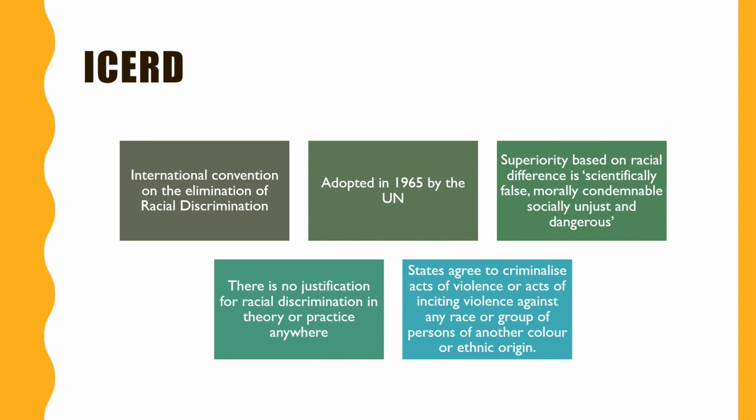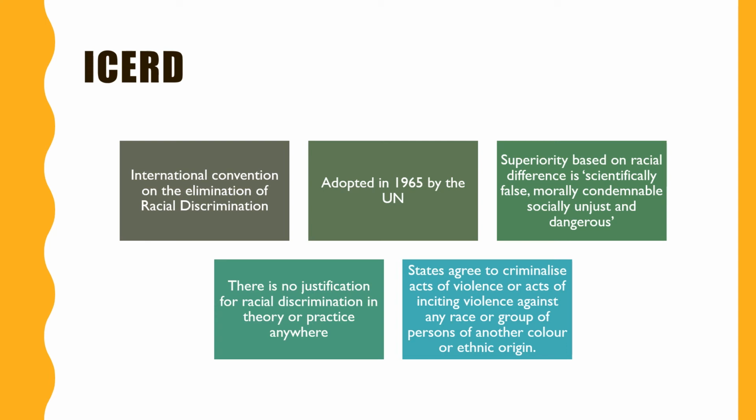One of the ways to combat institutional bias is through the legal system, and a lot of the law regarding racial discrimination comes from the International Convention on the Elimination of Racial Discrimination, which is the UN document which has been signed by many nations around the world. It was adopted in 1965 by the United Nations, and it talks about explicit racial discrimination and implicit racial bias, structural bias.